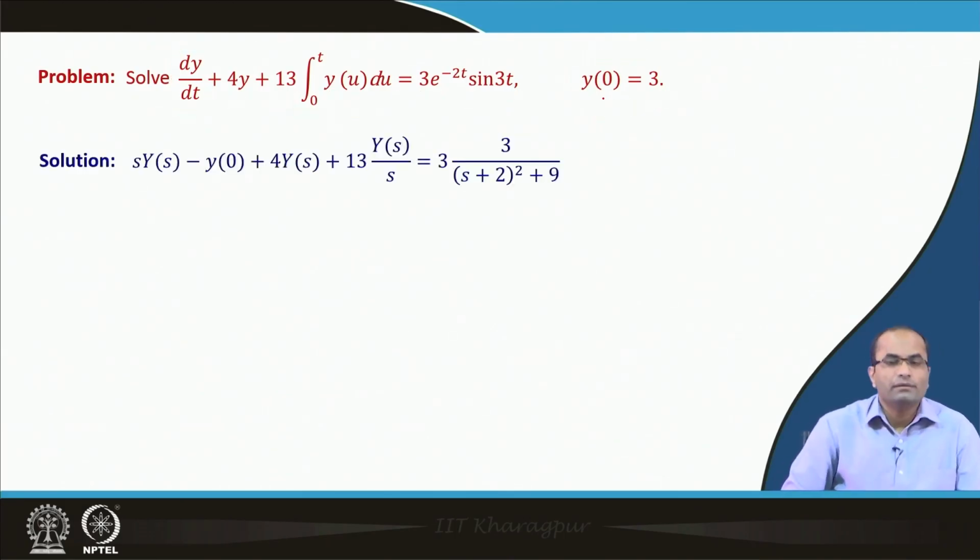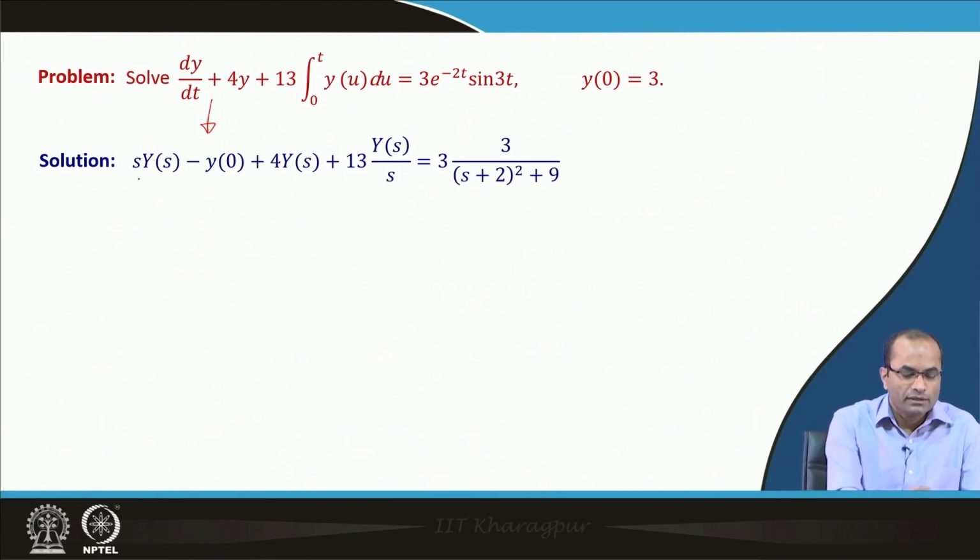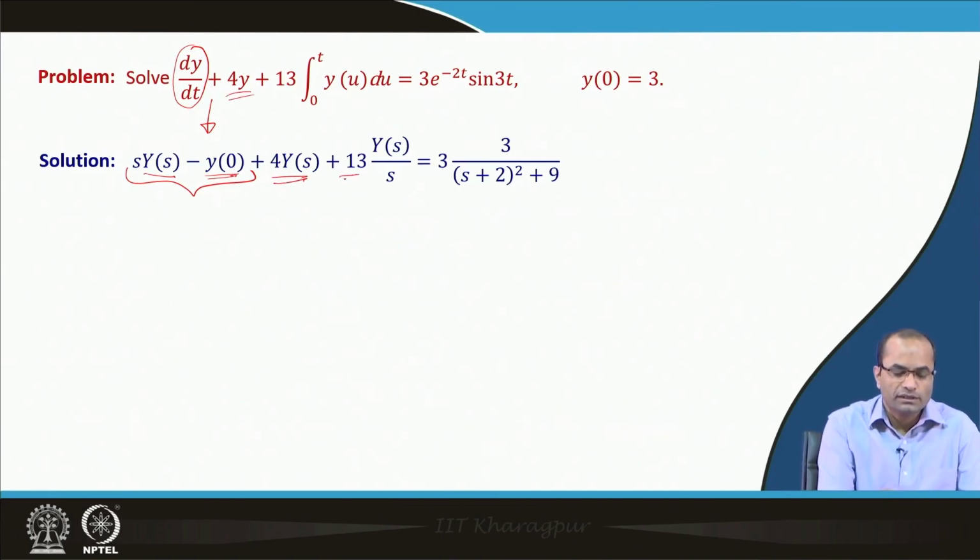The process will remain the same, and we will take the Laplace transform on both sides of this equation. For this dy over dt, we have the derivative theorem: s times the Laplace transform of y minus y(0), then 4 times the Laplace transform of y plus 13 times the transform of the integral.